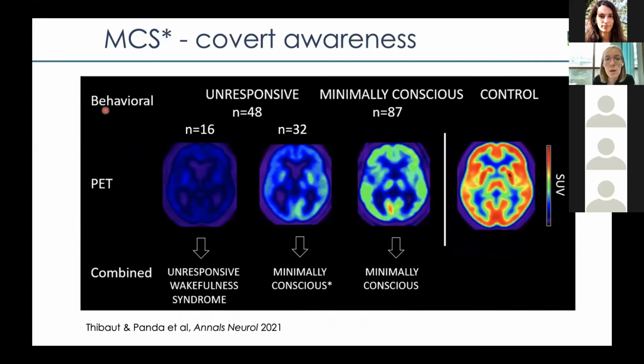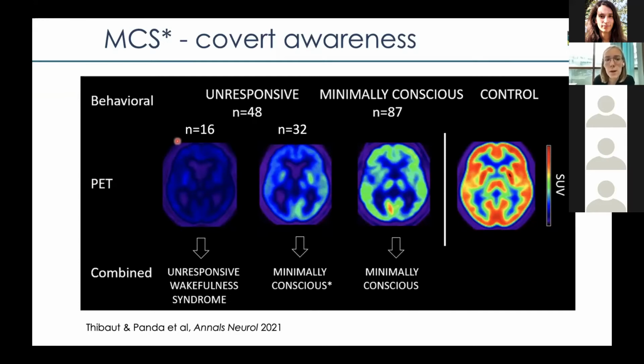So here they compared the behavioral diagnosis that was based on the observed behavior as measured with a standardized behavioral test, and they compared it with the FDG-PET scan, and more specifically with the SUV, and they looked at the glucose uptake in this frontoparietal network specifically.